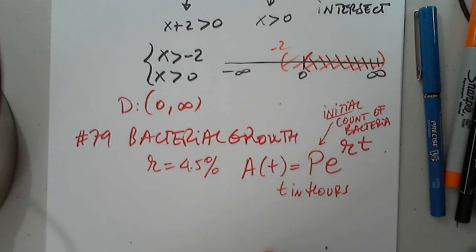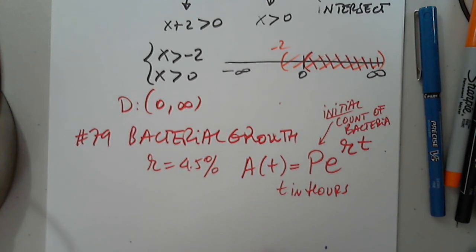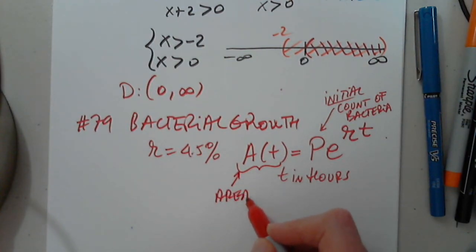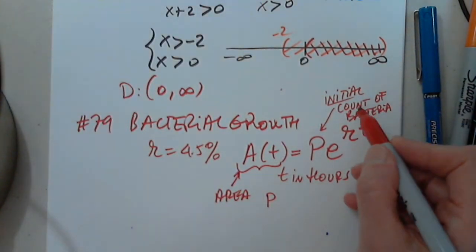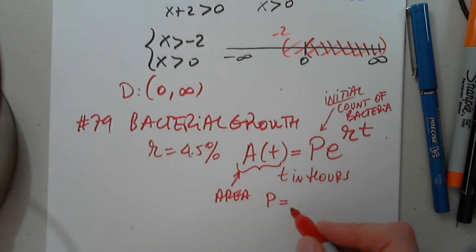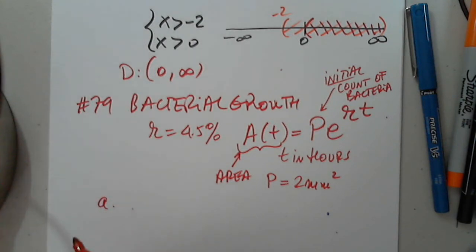They're telling us that it covers the area. That gives the area of the colony of bacteria. So in our problem, this is the area. And it's not the initial count. It could be, but in this problem, they're not giving the initial count. They're giving us 2 millimeters squared.